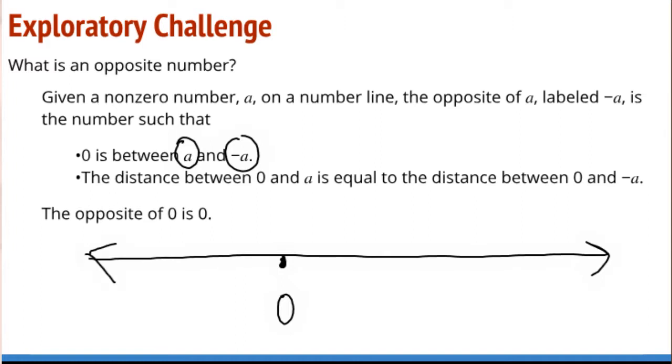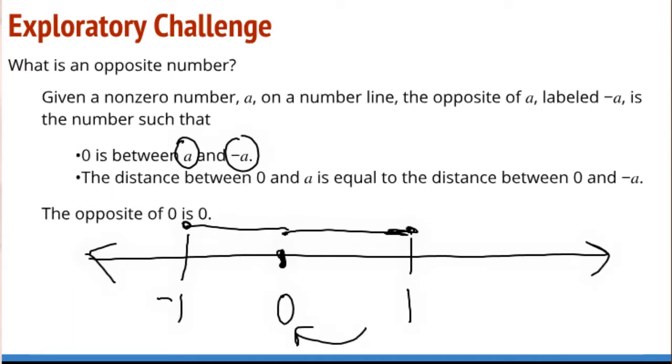And I guess constraints isn't even the right word, a result of this concept of opposite is that 0 is in between these opposites. The distance between 0 and the positive is the same as the distance between 0 and the negative. Now we have one number that is its own opposite. 0 is the opposite of 0.